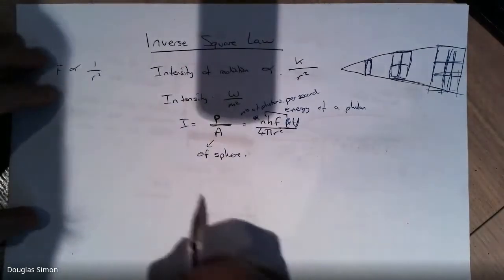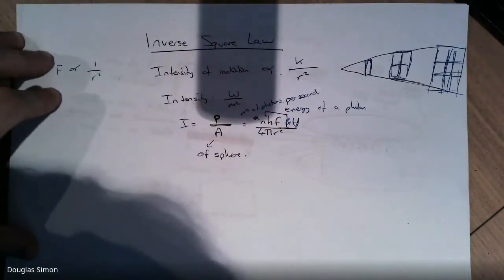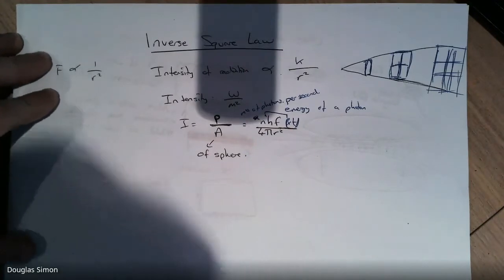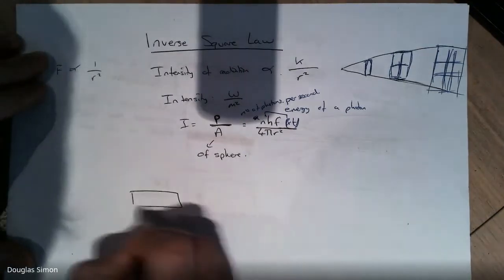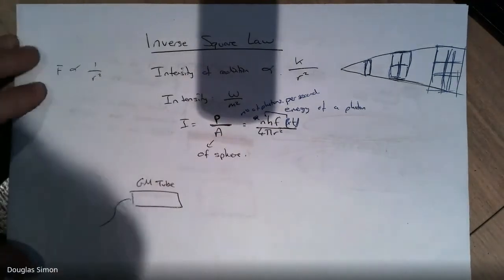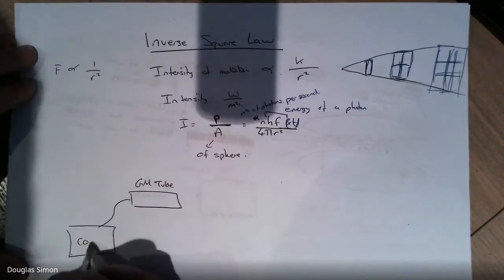So in terms of what we would do at school, you can probably guess where this is going. Usually the required practical involves us having a radiation detector, which is a Geiger-Müller tube attached to a counter.